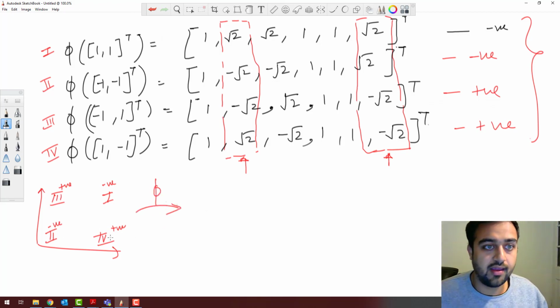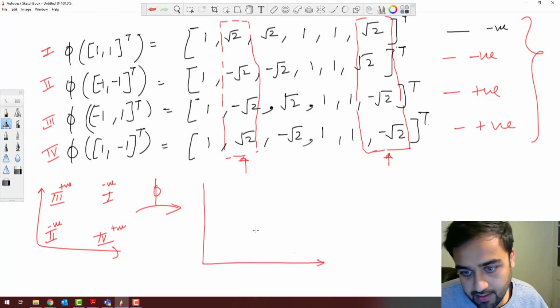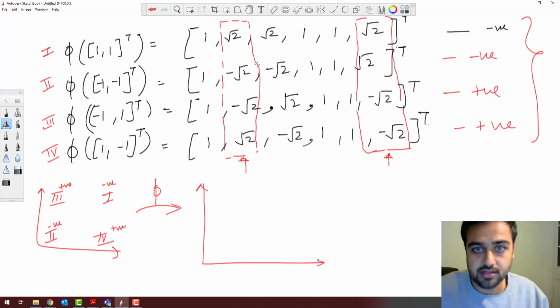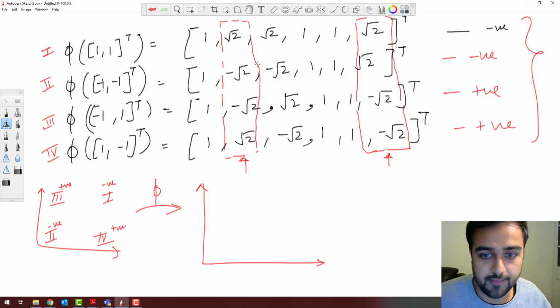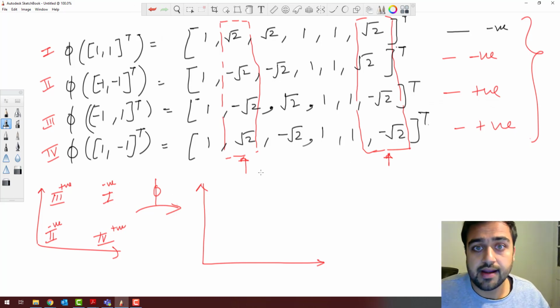After we send it through a kernelization or a feature mapping, considering just these 2 points and mapping them on a 2-dimensional plane, because a 6-dimensional plane is not viable right now, maybe in the future. So yeah, we try and draw this, right?